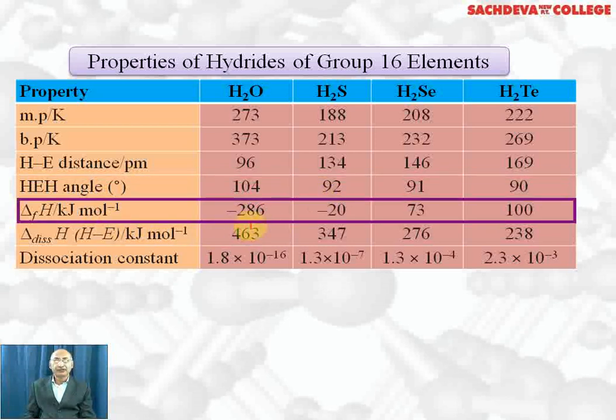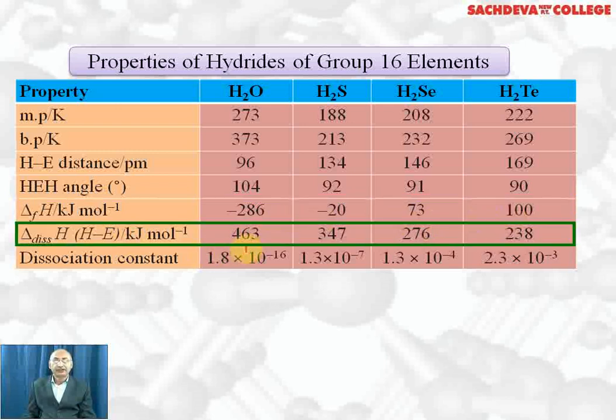Enthalpy of formation: water is most stable, so its delta H is most negative, and H2S is less stable than water, at minus 20. H2Se and H2Te are endothermic, which means they are least stable. Least stable is H2Te. Bond dissociation energy of the OH bond is highest and it goes on decreasing down the group due to increase in bond length.